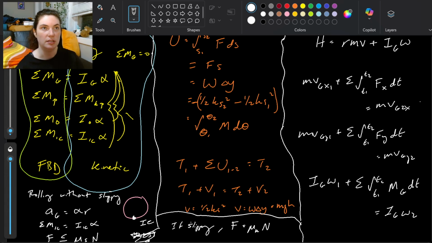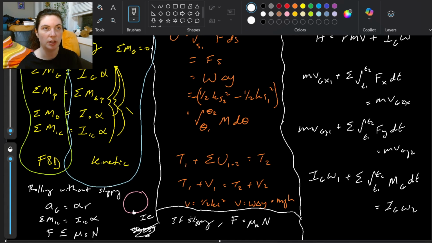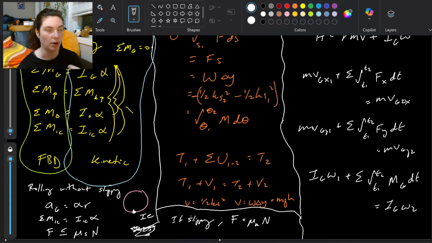And we were able to apply these three equations together to solve any problems that we had in impulse and momentum. And then we also had our special case of impact and of conservation of momentum. For conservation of momentum, the sum of all of our initial angular momentums equals the sum of all of our final angular momentums.